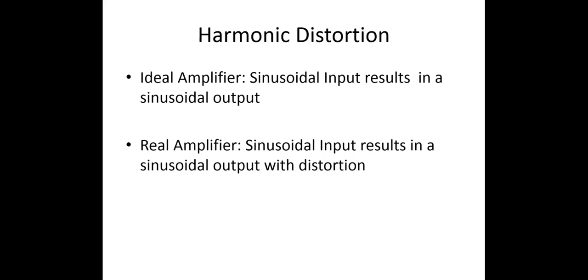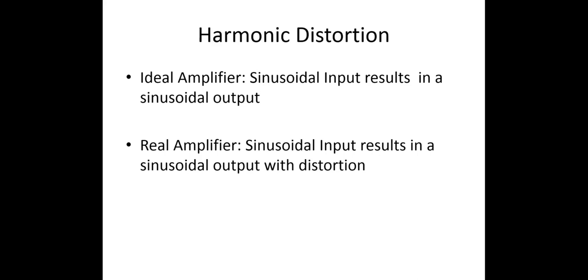In the case of an ideal amplifier that you have studied so far, if you have a sinusoidal voltage as input, the output will be a sinusoidal voltage with a certain phase shift, which is usually either 0 degrees or 180 degrees.